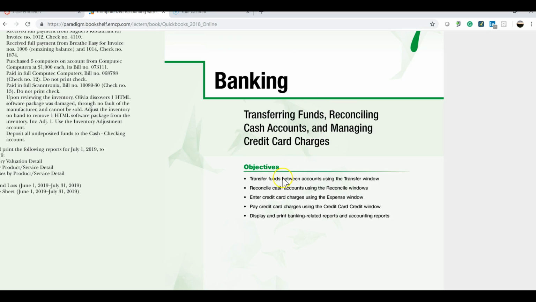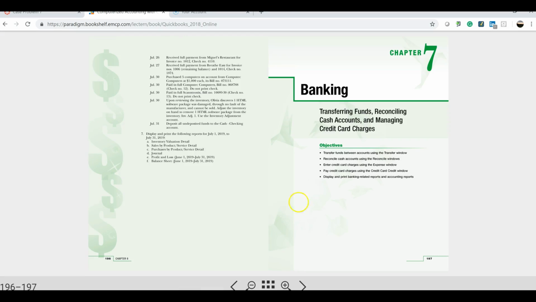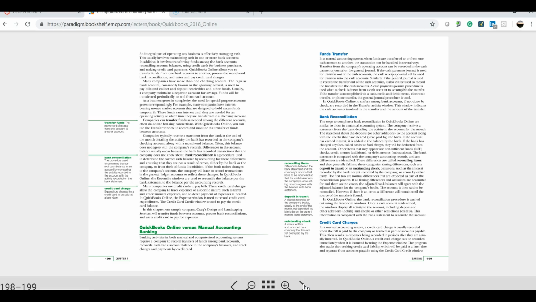If you look at your textbook, there are the objectives and everything that you'll be covering in your textbook. Again, the terminology is in black. Transfer funds explains what that is. Bank reconciliation, it explains what that is.